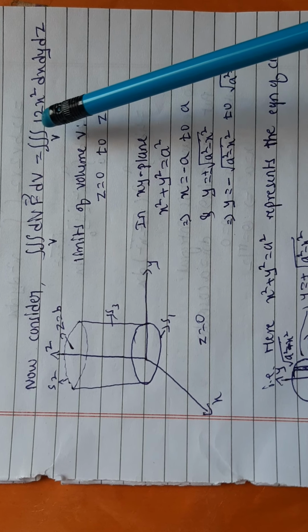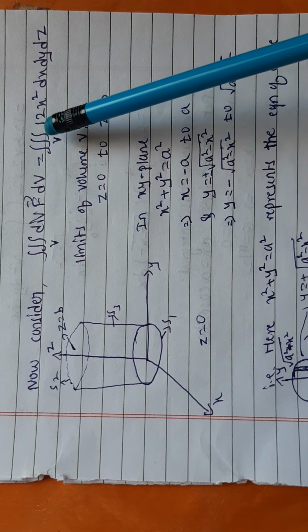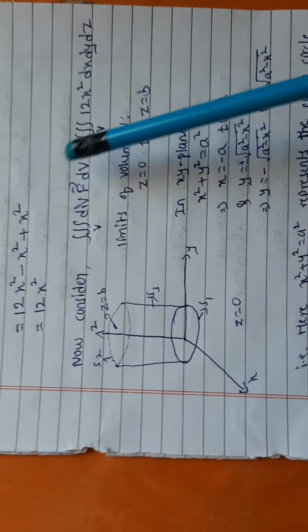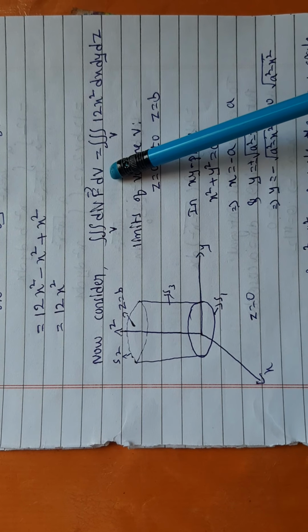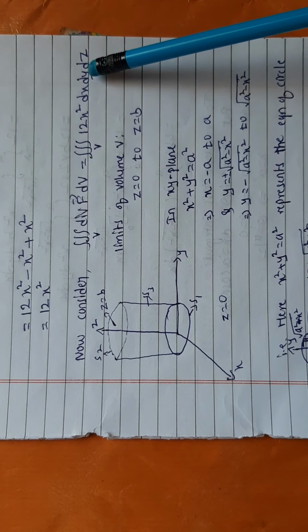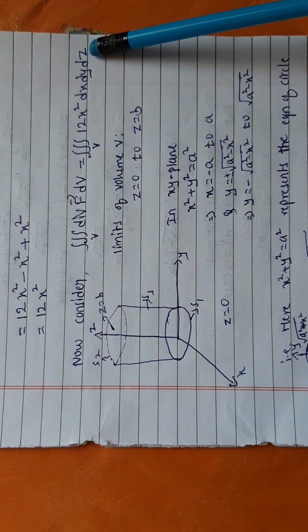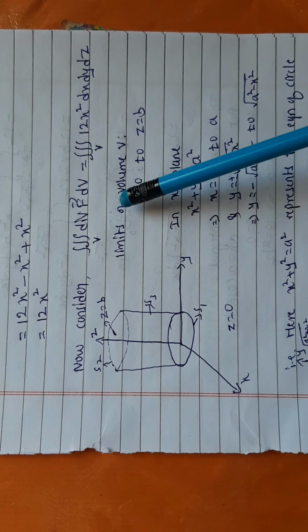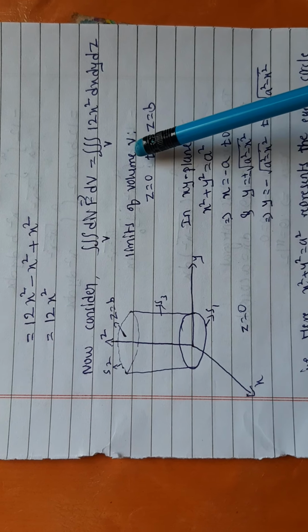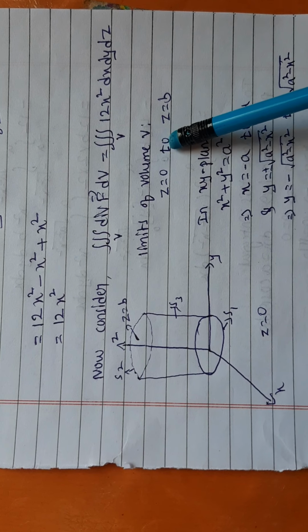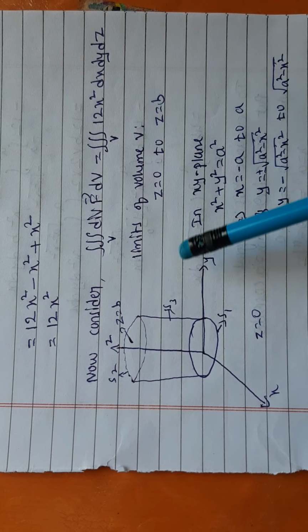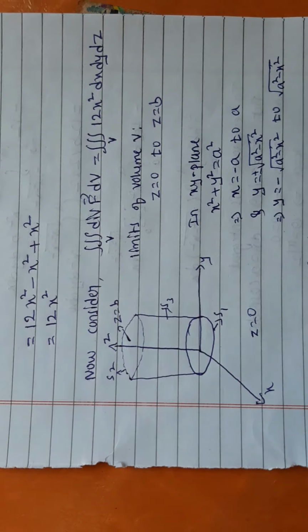The triple integration over V, divergence of F is 12x^2, and dV is dx dy dz. Here the limits of volume V are given by z equal to 0 to b.